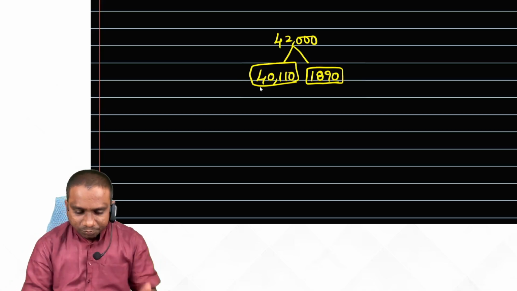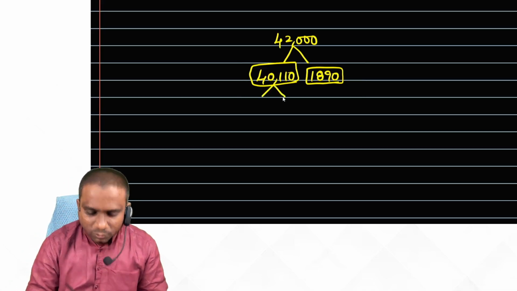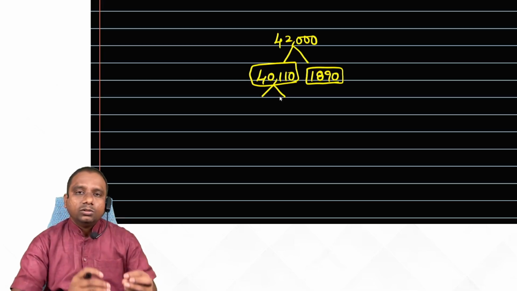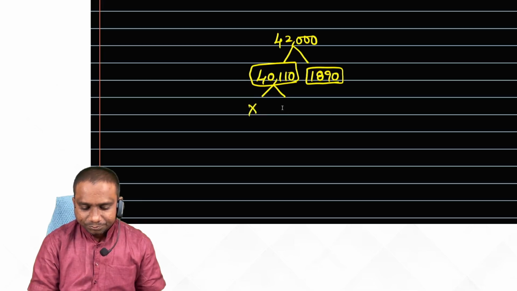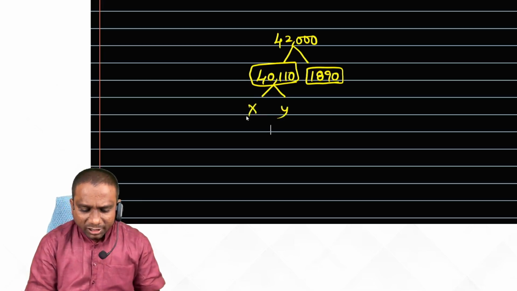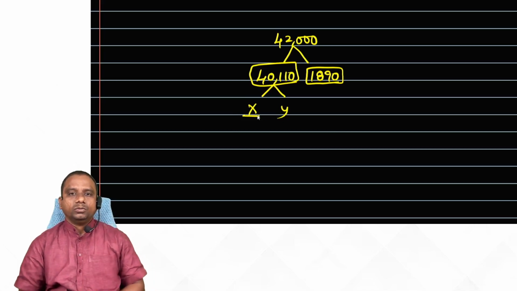Now, we first have to calculate how this 40,110 is utilized by X and Y. Always calculate from the first party's point of view.